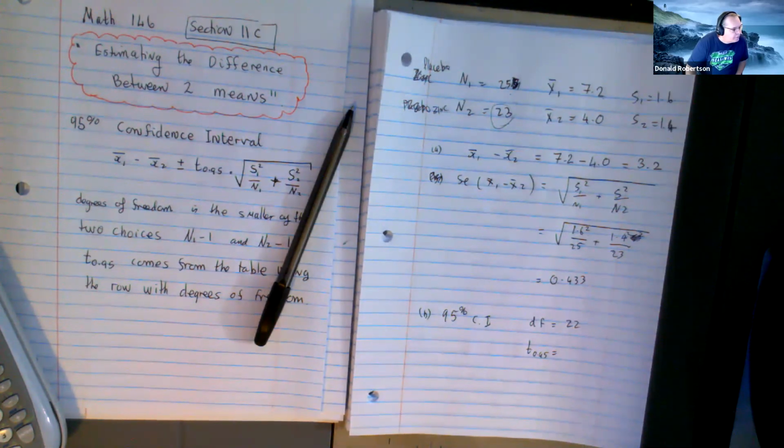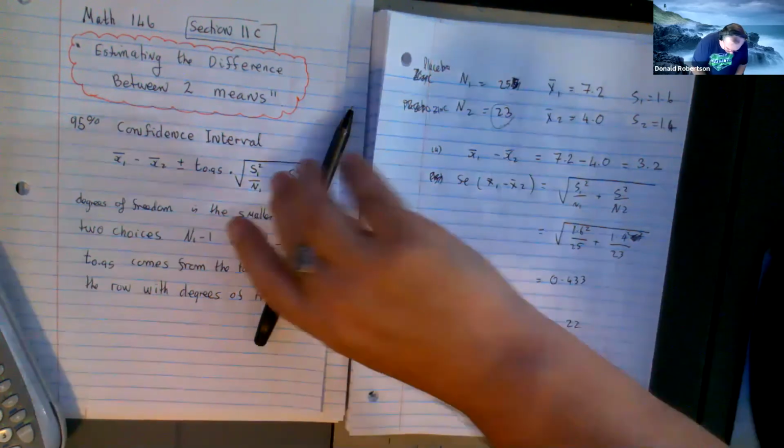Oh, I've lost my table. Where has it gone? Oh, here it is. A 95% with 22 degrees of freedom is 2.07.